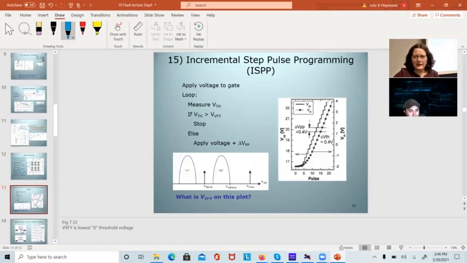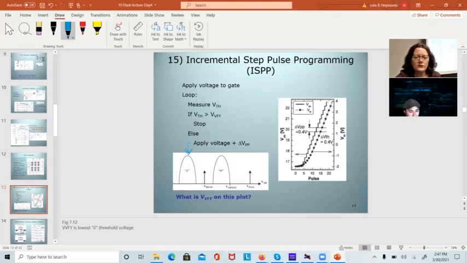Okay, this is an algorithm we use a lot in the lab, even though we don't use Flash that much. Now, this is the idea here. If I want to program, I start out with a whole bunch of cells that are not programmed, they're erased. So they have a value of 1.